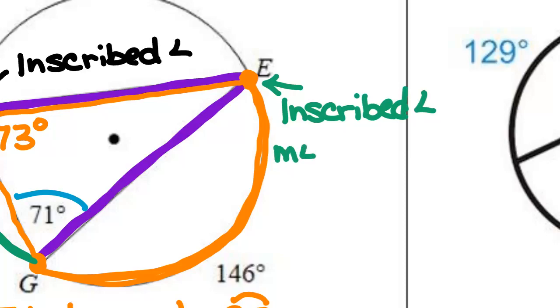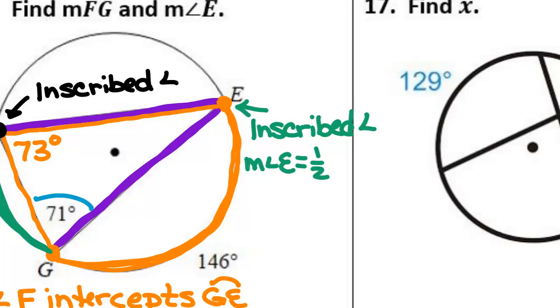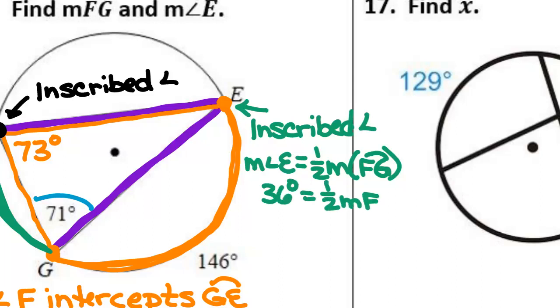So the measurement of angle E is half the measurement of arc FG. We know that angle E is 36 degrees. So then we multiply both sides by 2, and we get 72 degrees.